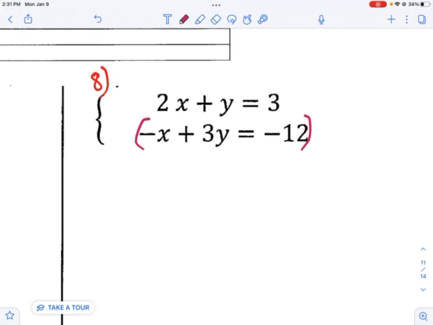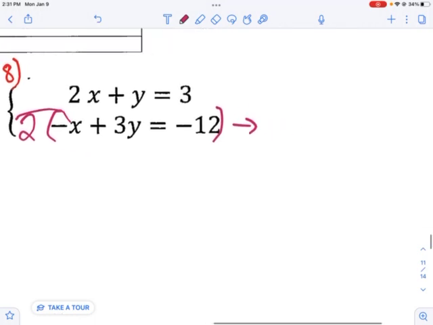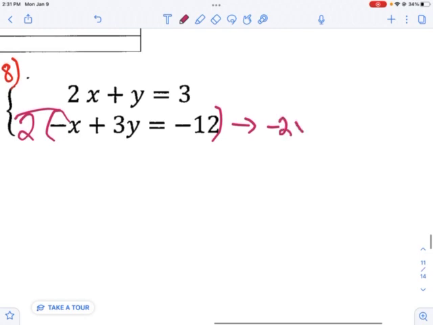And so I know if I multiply the bottom by 2, I should get 2 times negative x is negative 2x. 2 times 3y is 6y. And 2 times negative 12 is negative 24. I don't have to touch the top one. I'm just going to carry it over.